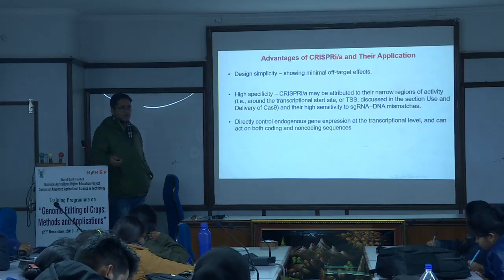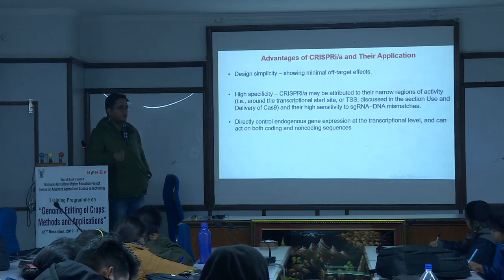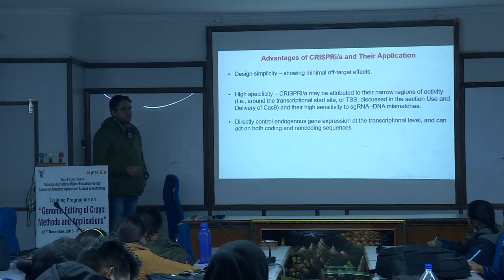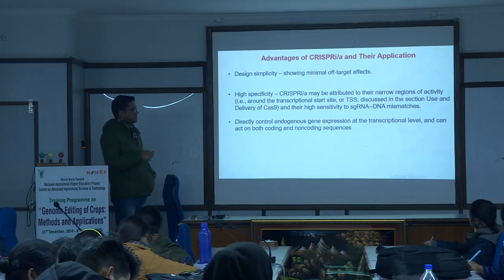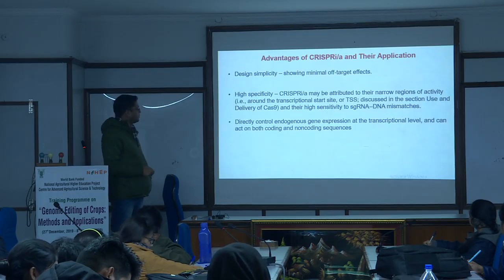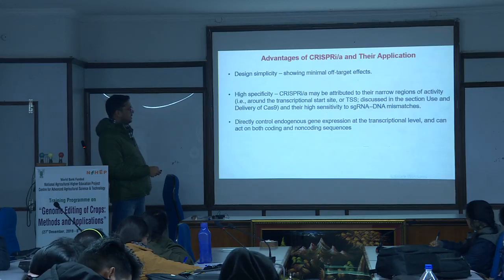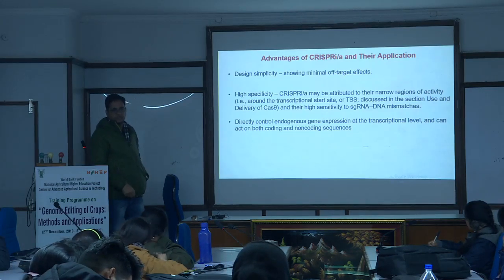Only gRNA you need, and then you have dead Cas9 already available, coupled with activators also available. The only thing is you have to design gRNAs. Then high specificity. RNAi is not so specific, but in this case you have high specificity. And finally, you directly control endogenous gene expression at the transcription level and can act on both coding and non-coding sequences.